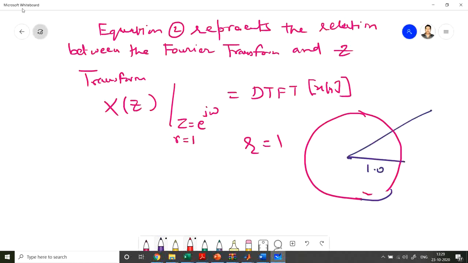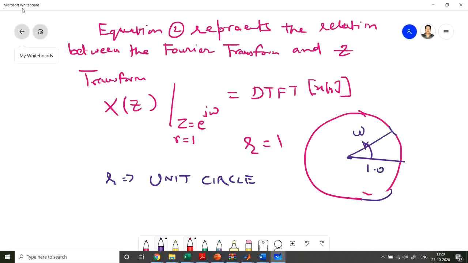So when you have r equals 1, the z transform will converge to the discrete time Fourier transform of x[n].